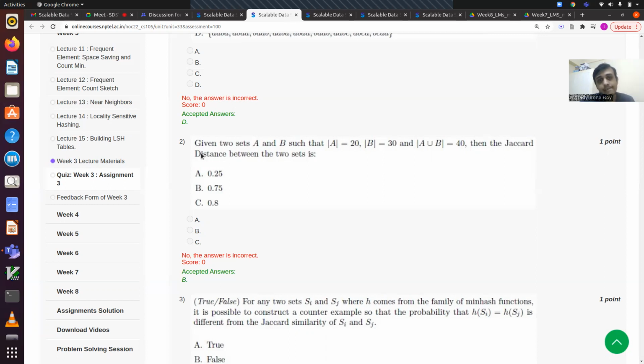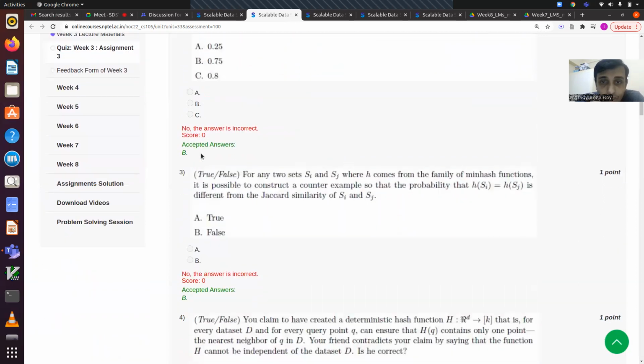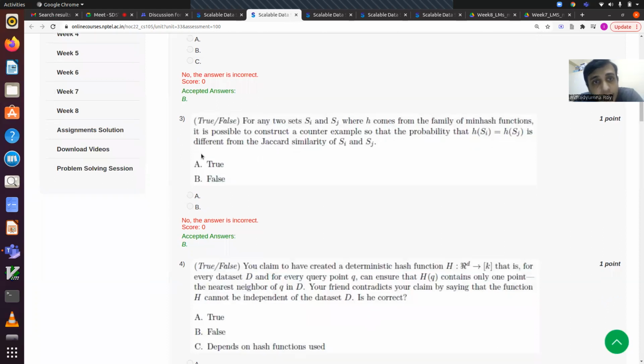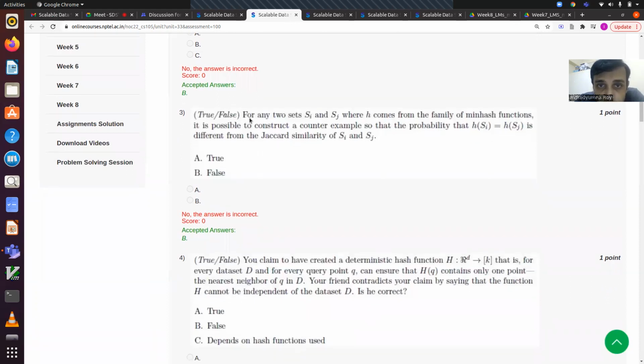Then the third question. Sir, I don't understand. Let me read it. For any two sets Si, Sj, where H is the family of min-hash functions, it is possible to construct a counterexample so that the probability of H(Si) equals H(Sj) is different from the Jaccard similarity of Si and Sj.